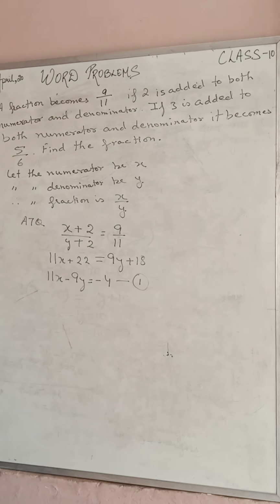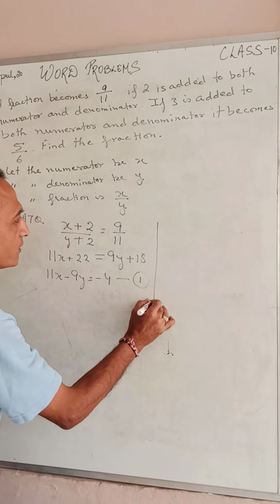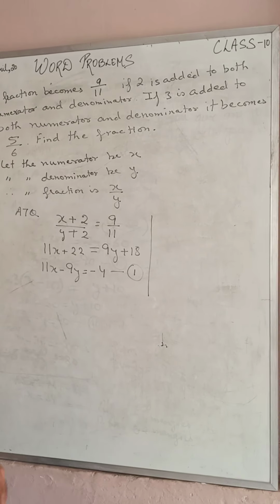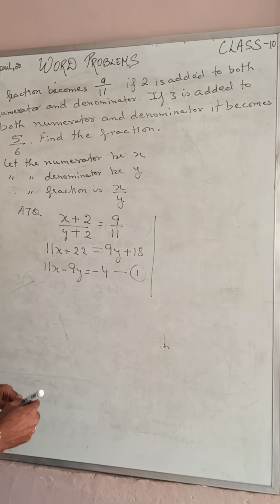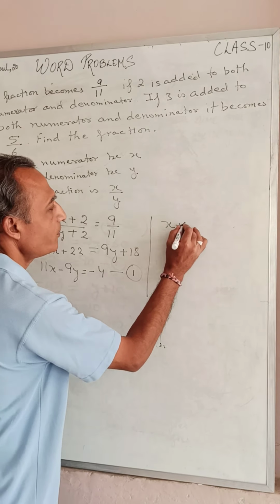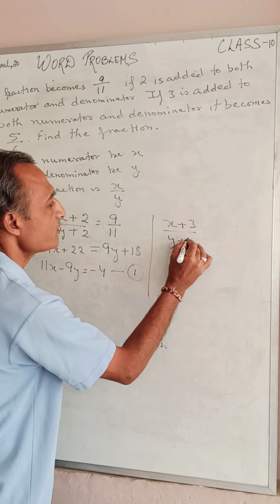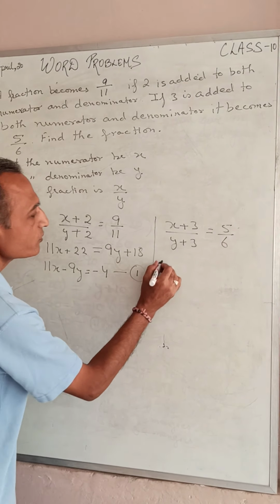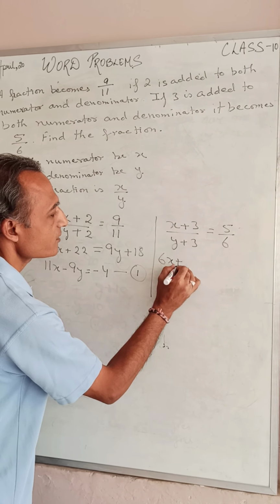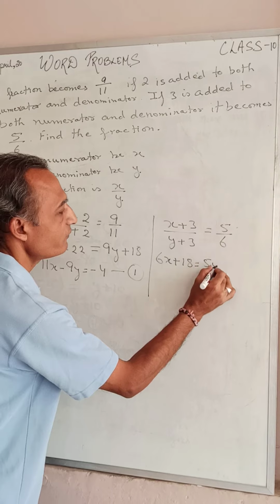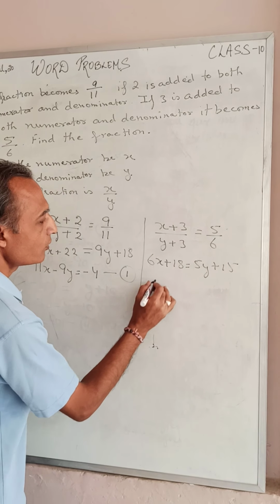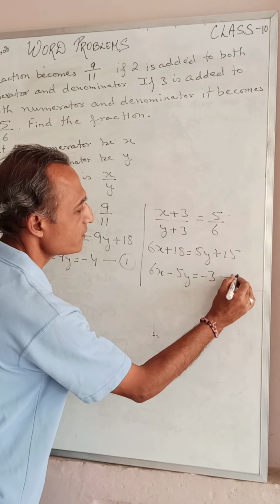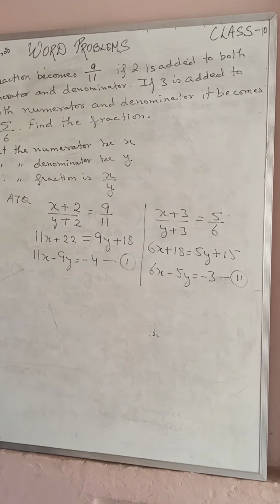Let's mark it as first equation. Now, same way, if 3 is added to both numerator and denominator, it becomes 5 upon 6. Meaning x plus 3 upon y plus 3 equals 5 upon 6. On cross multiplication, 6x plus 18 is 5y plus 15, or 6x minus 5y equals minus 3. This is equation number 2.